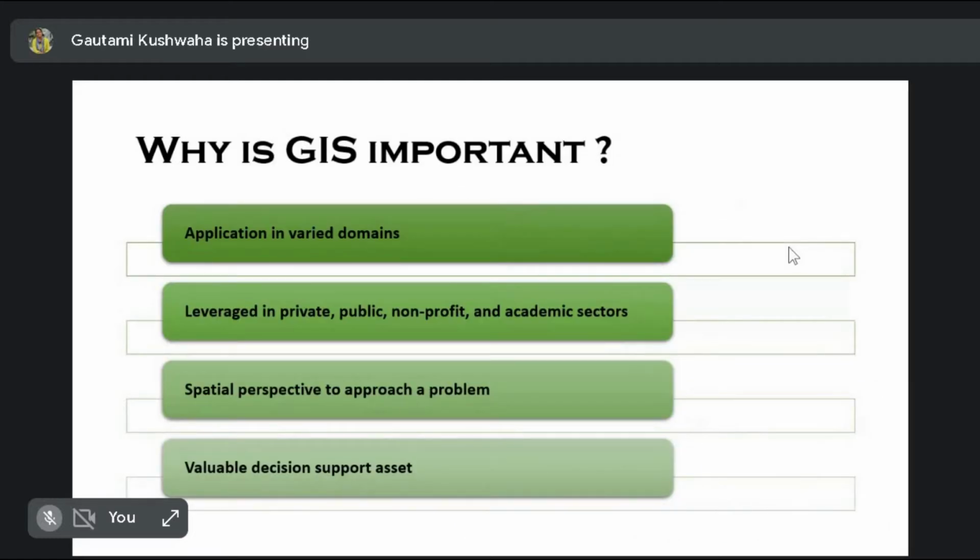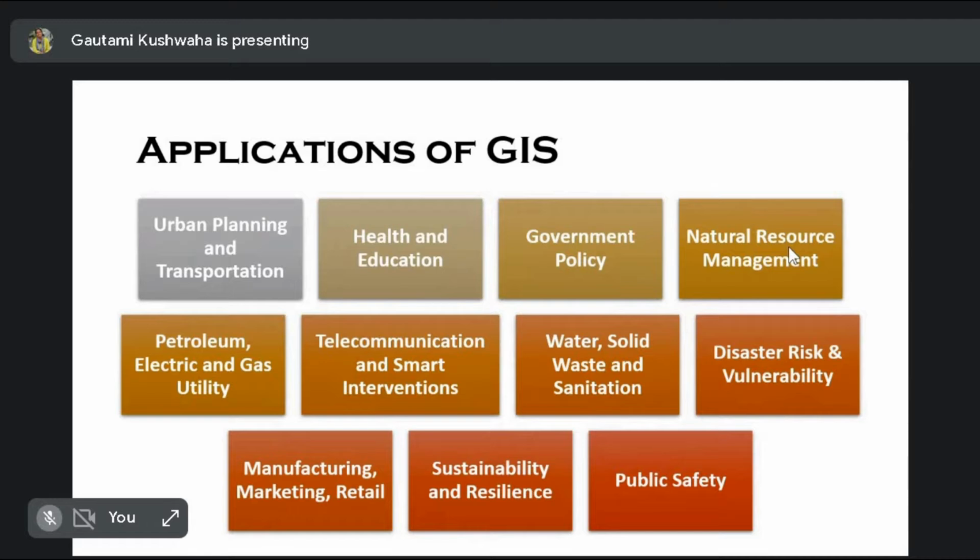Next is why it is important to learn GIS. GIS is one software which is applicable in varied domains. If you are from an urban planning and transportation background, you can use GIS to solve routing problems for solid waste collection, or find the service area of any health or education facility. If you are from a geography background, you can find out the status of natural resources, for example water bodies or forest in a particular region, and keep track of that.